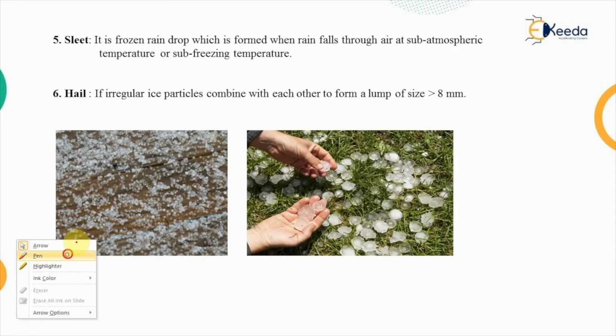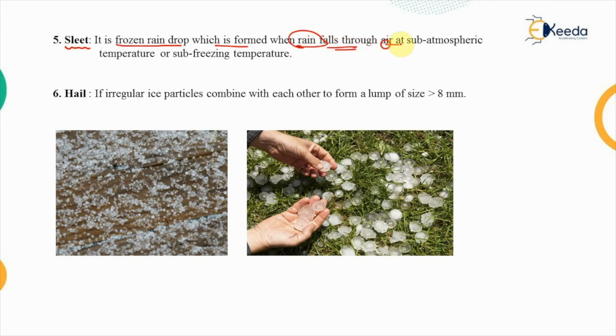Then the next form is known as sleet. It is the frozen raindrop which is formed when the rain falls through air at sub-freezing temperature. What it means, for example, let's say this is the atmosphere and this is the cloud, and the rainfall is happening from here.